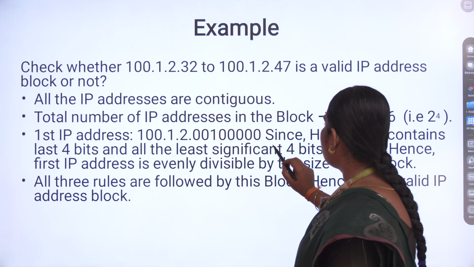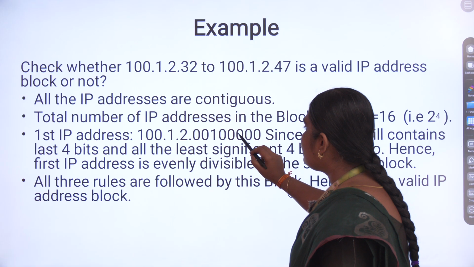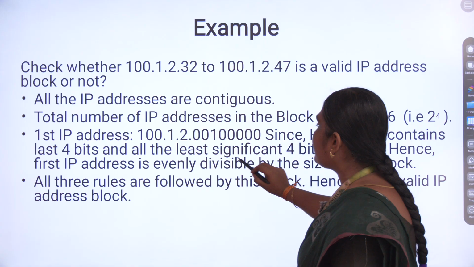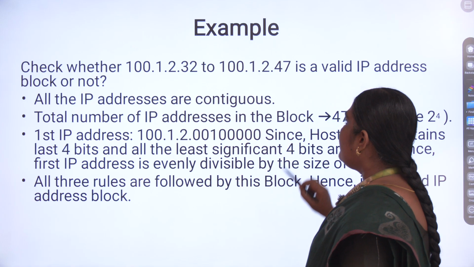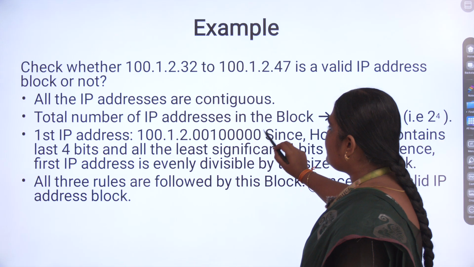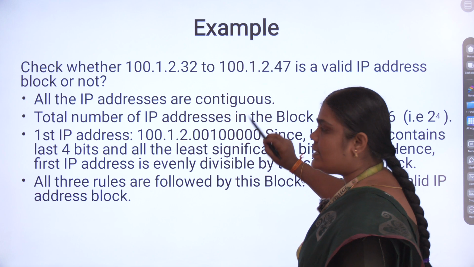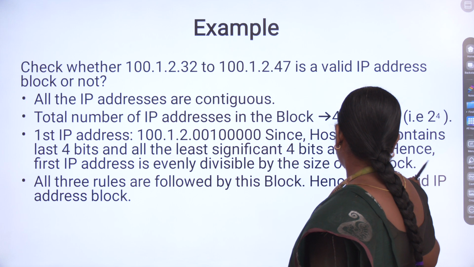If the last 5 bits are 0, then it shows that these last 5 bits are host IDs, or the host IDs will be 5 bits for this range. So this is also satisfied. Since all the 3 rules are satisfied, this is a valid IP address block denoted by CIDR notation.